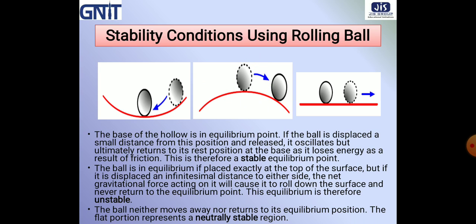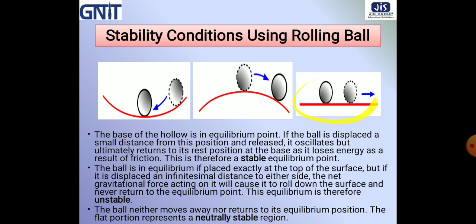That's why it is our unstable equilibrium position. Suppose at first the ball is here. Now if we move it a certain amount to either side, it will roll down from the top of the surface, and it will never go back to the top. So that is our unstable equilibrium point.